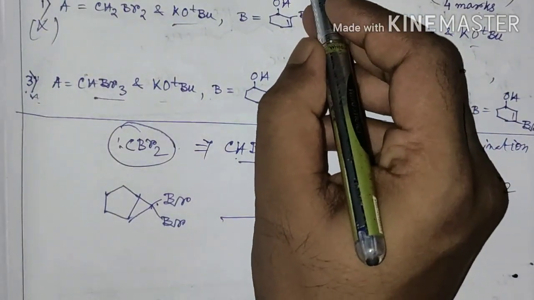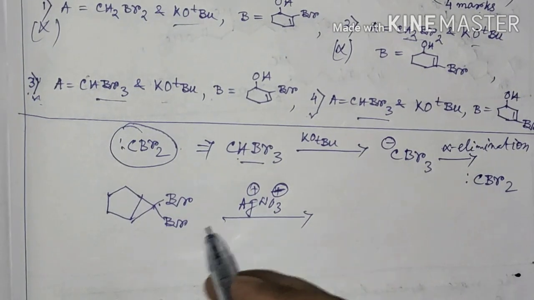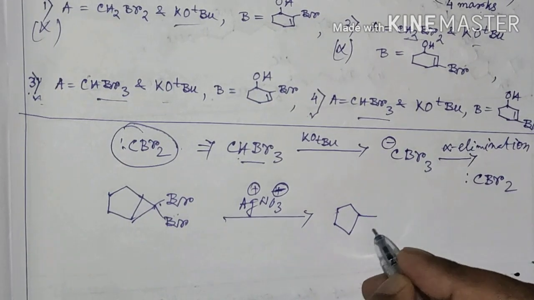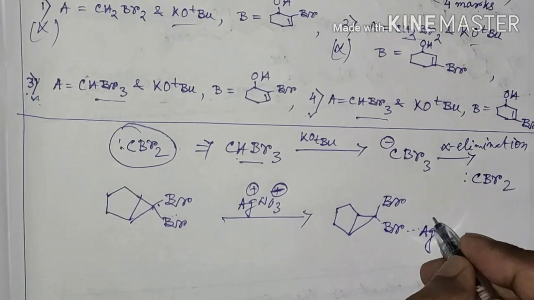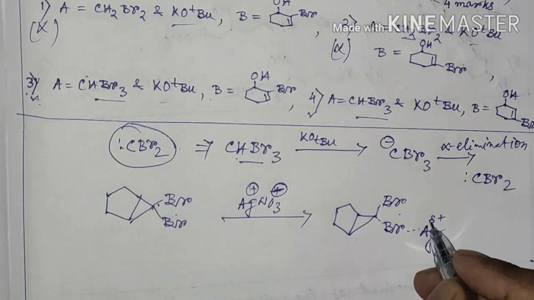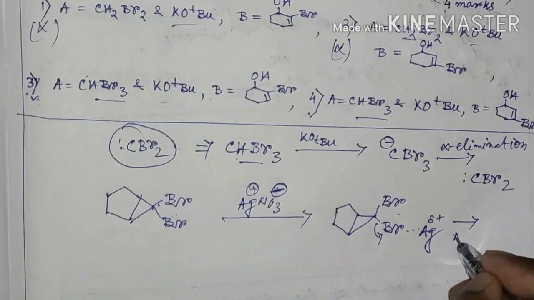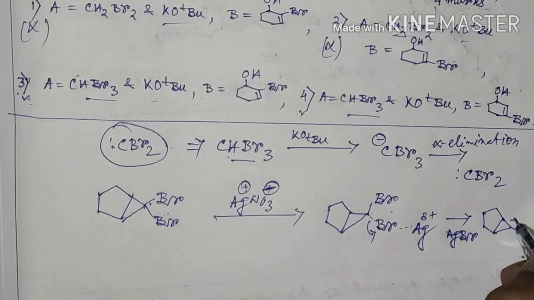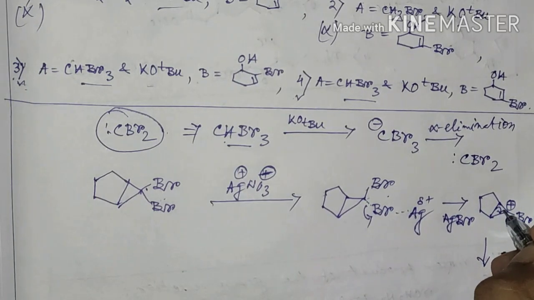The second reagent we can see here is silver nitrate, that means Ag plus NO3 minus, and this Ag plus will be coordinated with the lone pair electron of bromine, so here will be delta plus, since the electron donation is decreasing the positive charge on the silver center, and this coordination will help to eliminate bromide minus as silver bromide, and here will be positive charge, and this carbocationic species will undergo rearrangement, that is this carbon-carbon bond will form here a double bond, and here it will be carbocation.